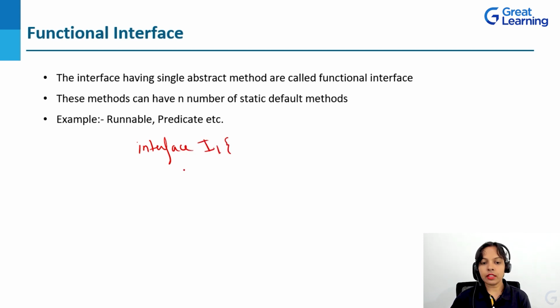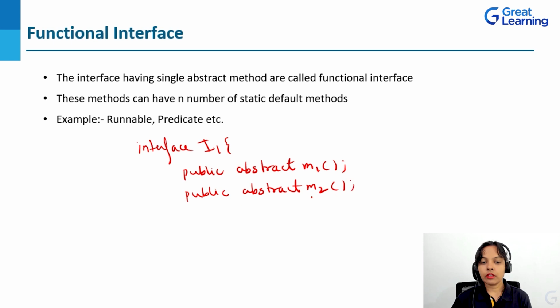Inside this, I define a public abstract method M1. Then I define one more method inside this interface I1, that is public abstract M2. Now, is this interface a functional interface? No, because this interface has two abstract methods defined inside it.